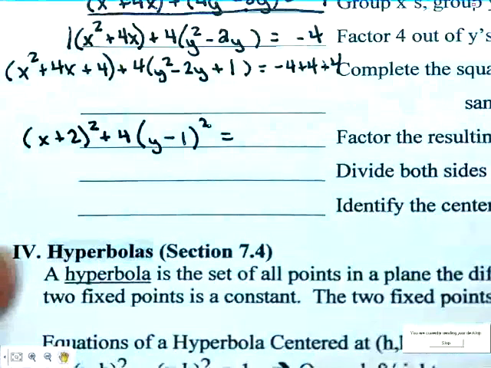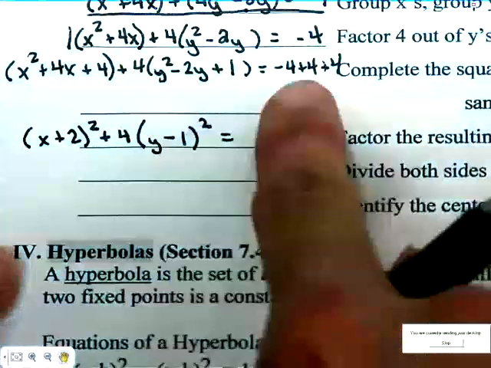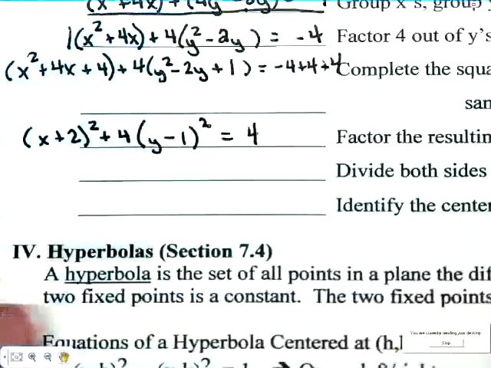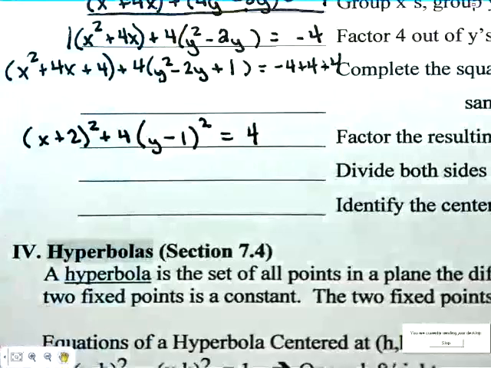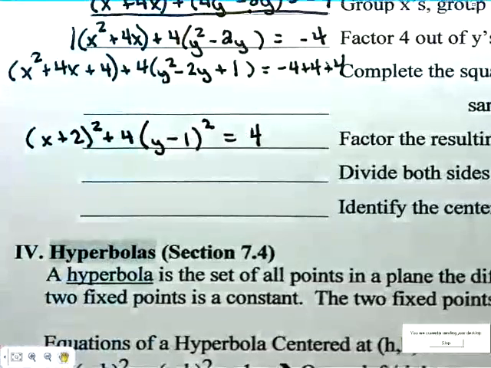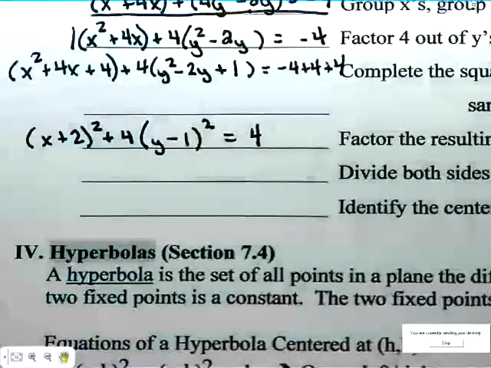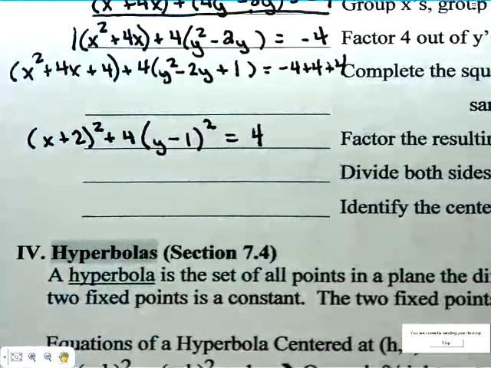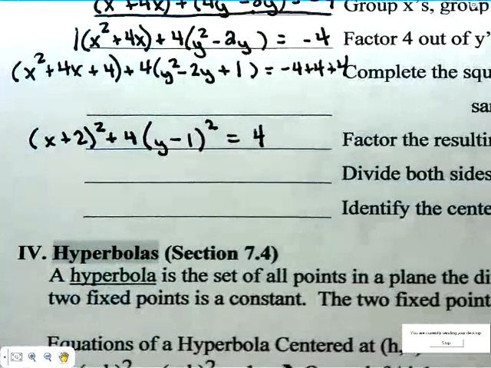Y minus 1 squared, because you kept the middle sign, and the right-hand side cleans up to be negative 4 plus 4 is 0, plus that other 4 is 4. All right. One other step, I don't yet have it in the form with the 1 on the right-hand side, but all I'd have to do is what? Divide both sides by 4.